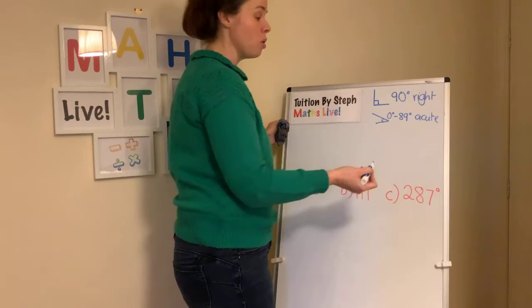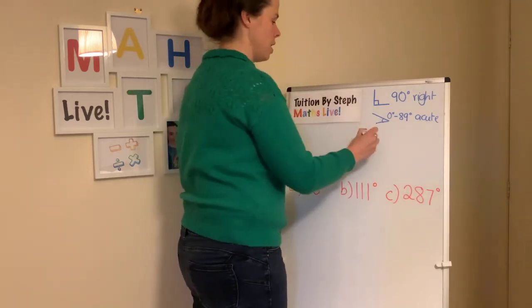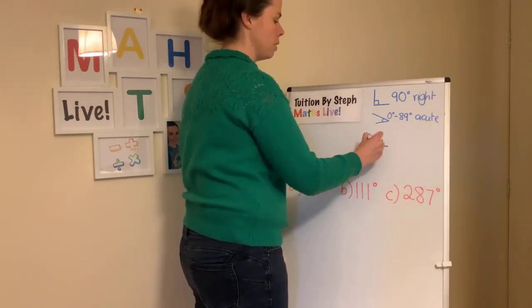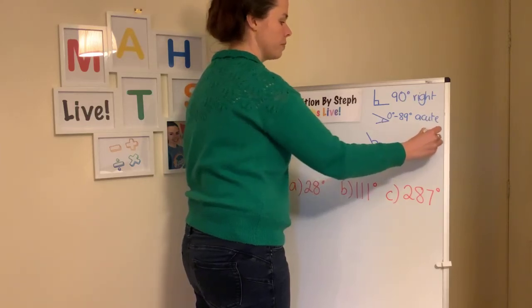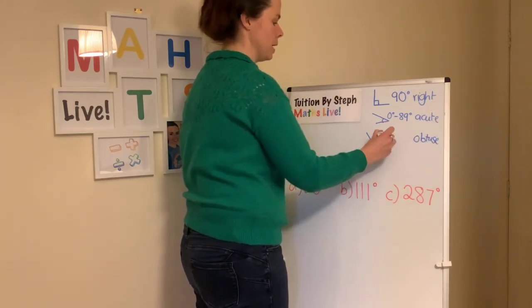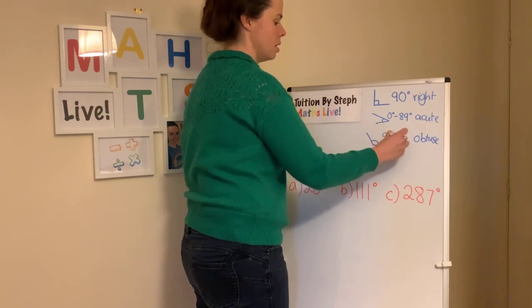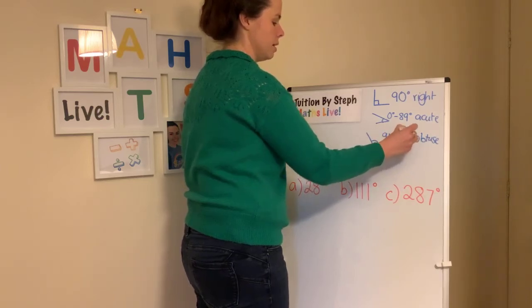Anything more than the right angle up until a straight line is an obtuse angle, between 91 and 179.